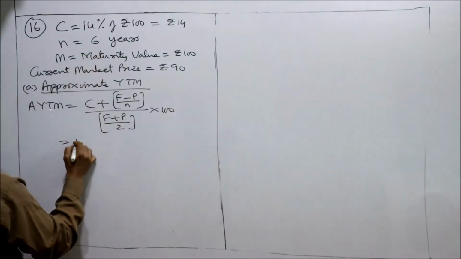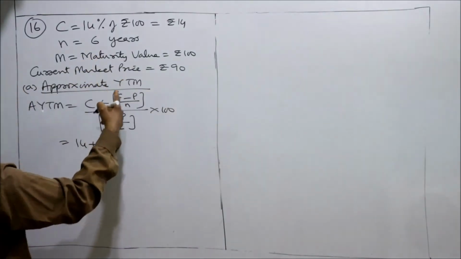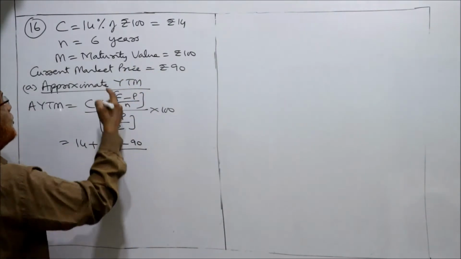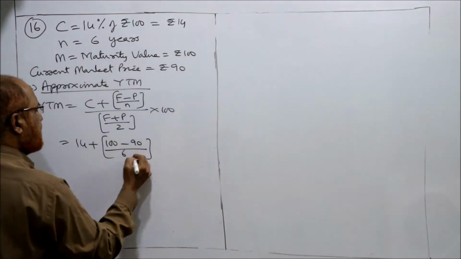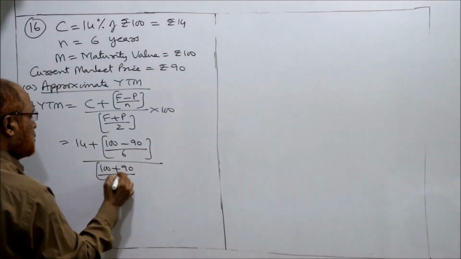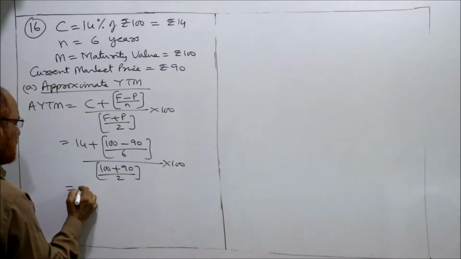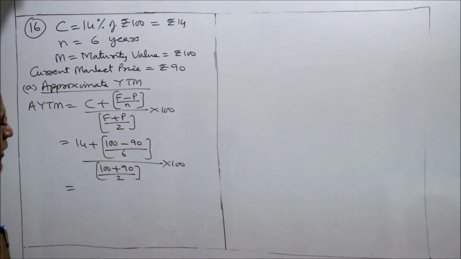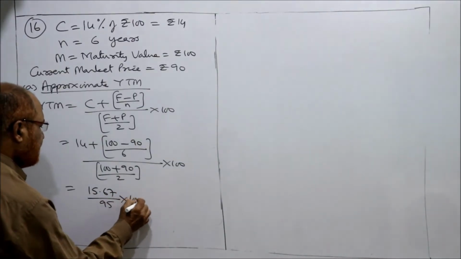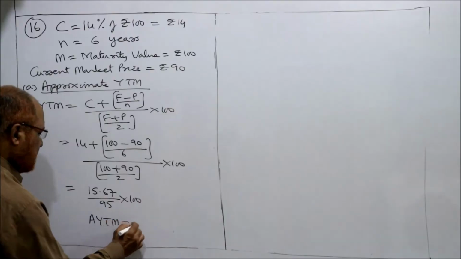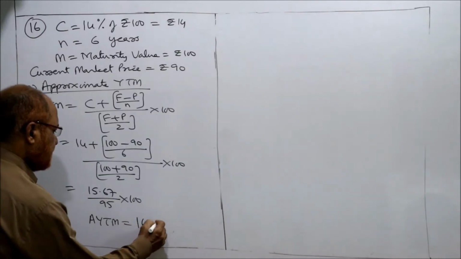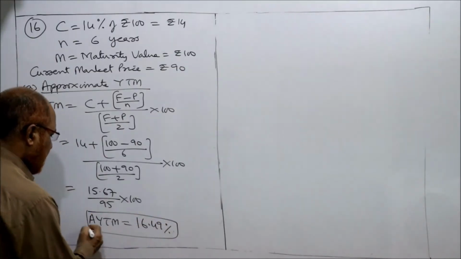That is equal to coupon 14 rupees plus F, the maturity value 100, minus current market price 90, divided by period to maturity 6 years, divided by (100 plus 90) divided by 2, into 100. That is equal to 15.67 divided by 95 into 100. AYTM is equal to 16.49.